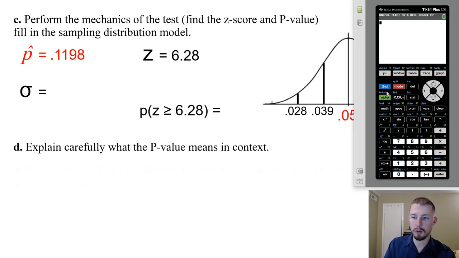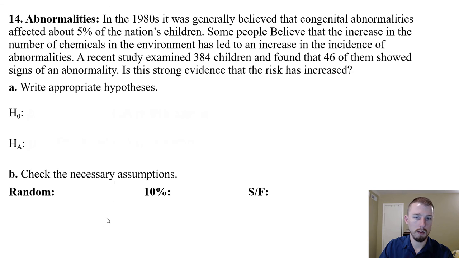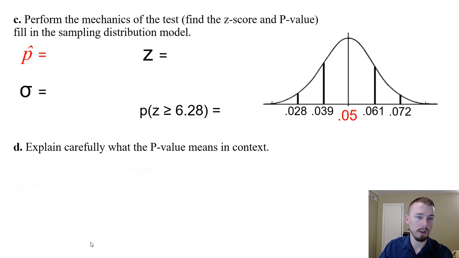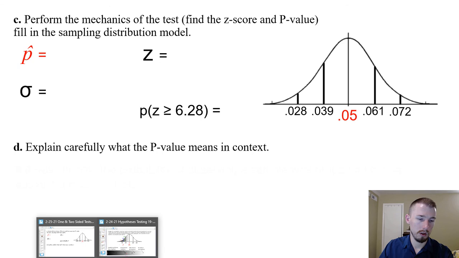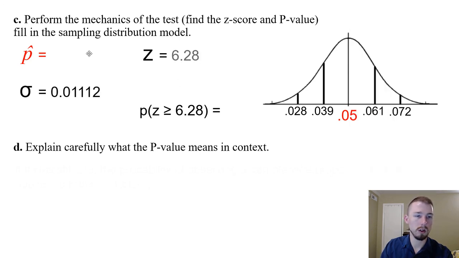So that's going to be the square root of 0.05 times 0.95, divided by 384. I said 438, but I had the right numbers, just all dyslexia up. Okay, so that's our standard deviation.